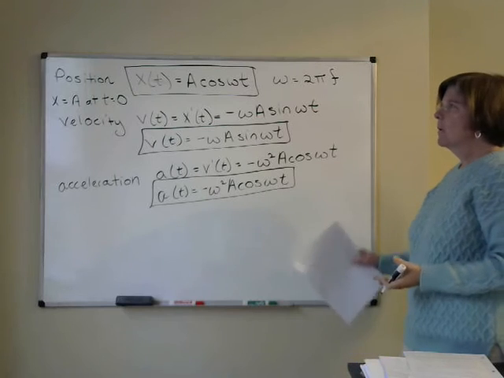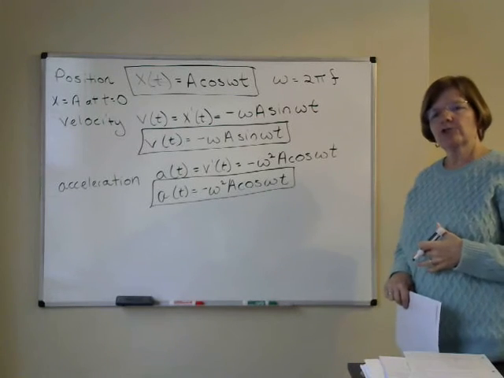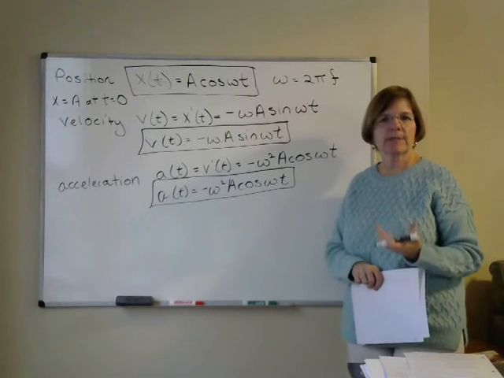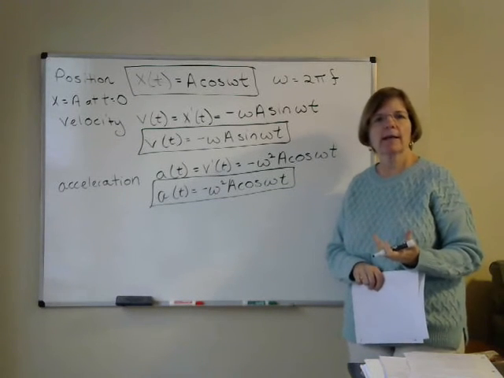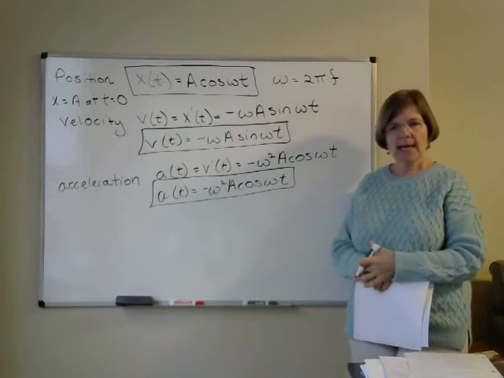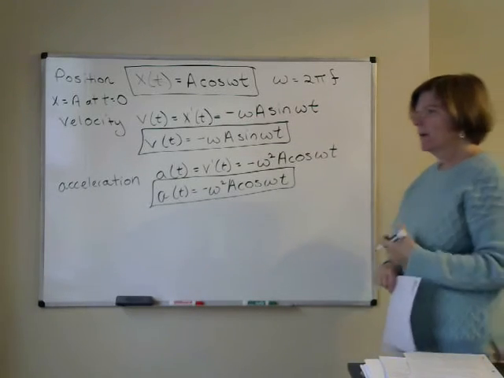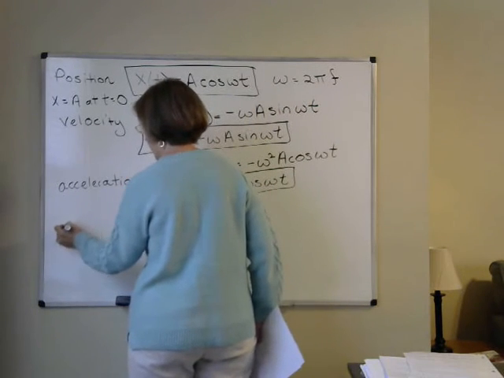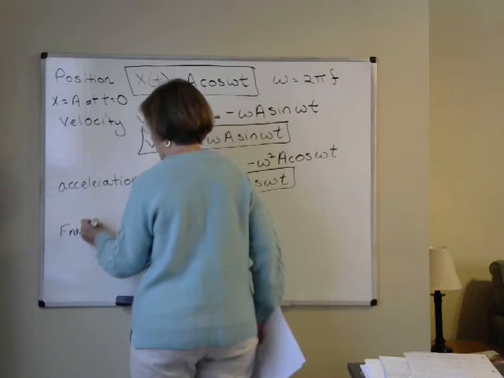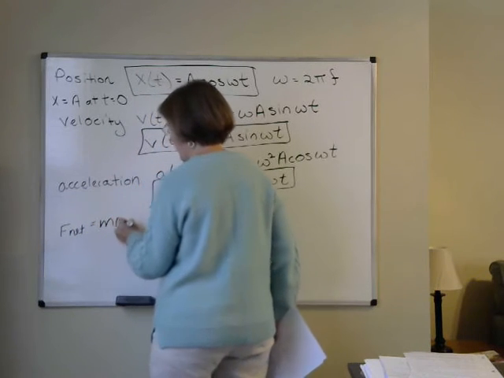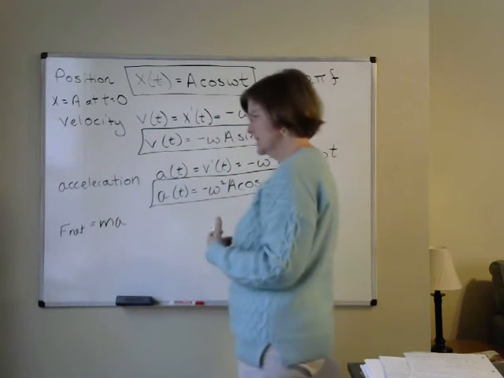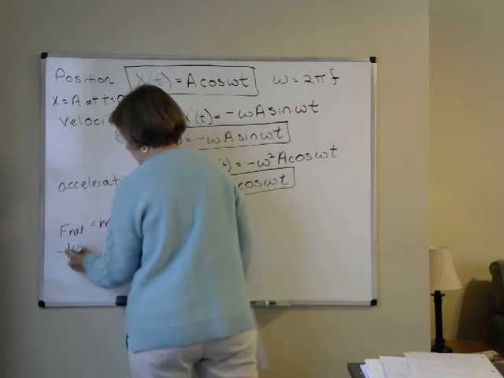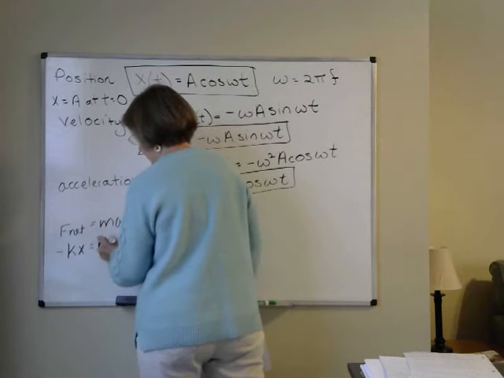All right. Let's get one more relationship, and that's a relationship that says how this angular frequency omega depends on the spring constant k and the mass. We know that net force equals mass times acceleration, but for a spring mass system, this is going to be negative kx equals ma.